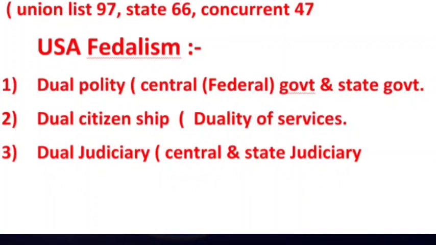They can give justice according to their levels, central level and state level. State level cases can be dealt with and solved at the state level only, but central level cases are dealt with in the central court only.